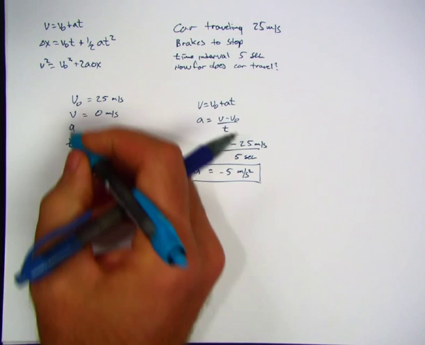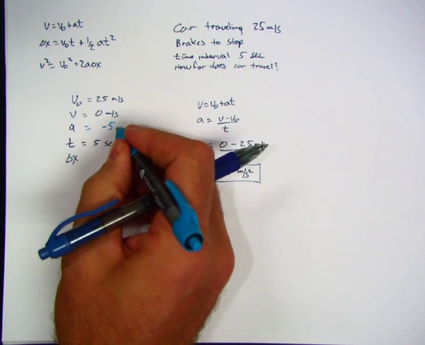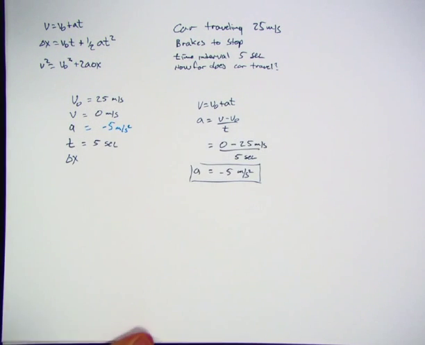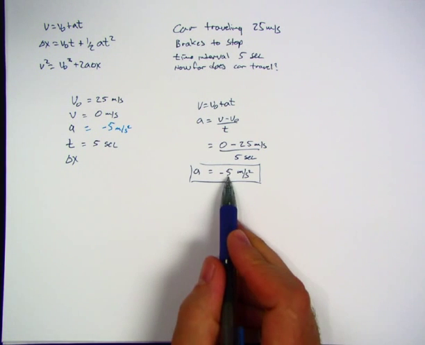And I'm going to go ahead and plug that in over here, minus 5 meters per second squared. So a quick interpretation: does it make sense that my acceleration is negative? Yes, I'm losing velocity, I'm slowing down, so that definitely makes sense.